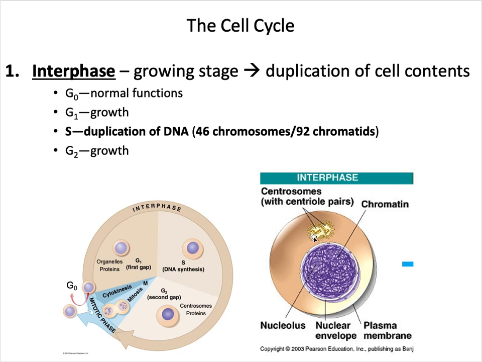Normally, when our cells are carrying out normal functions, they only have one centrosome with two centrioles. But when it's dividing, that centrosome will replicate. So we end up with two centrosomes, each having two centrioles, which means we have a total of 4 centrioles when we are dividing.